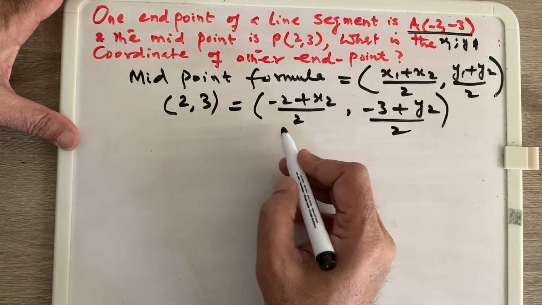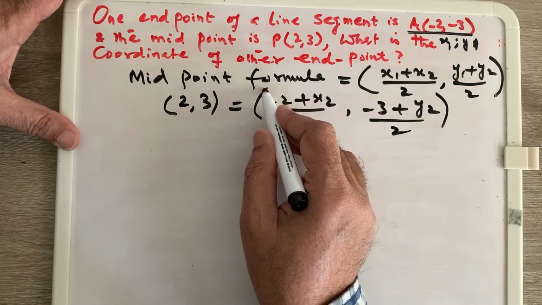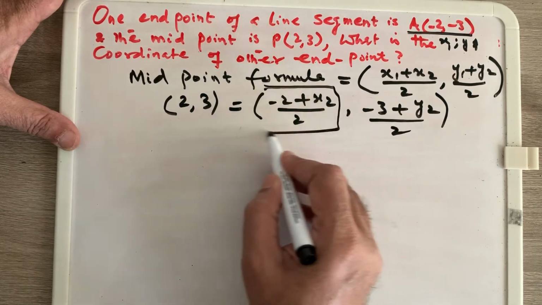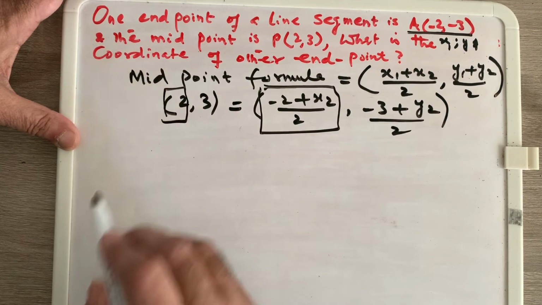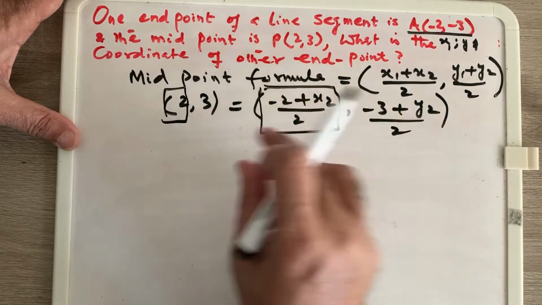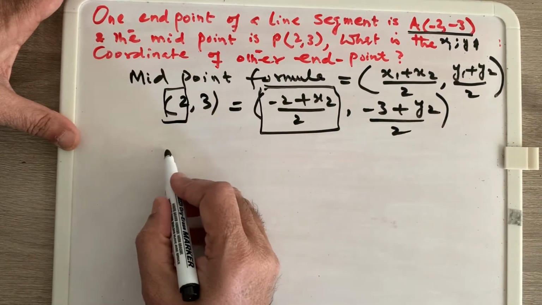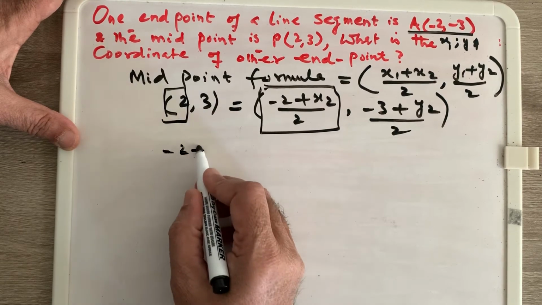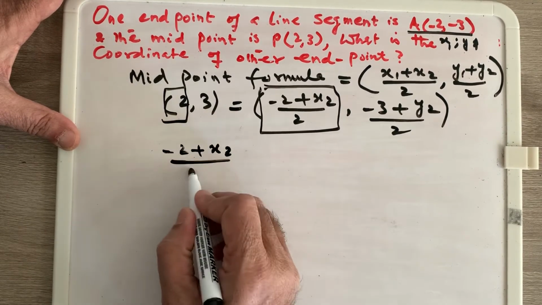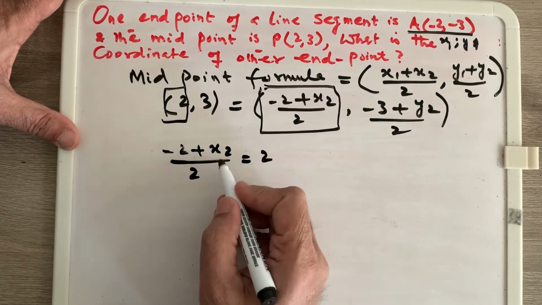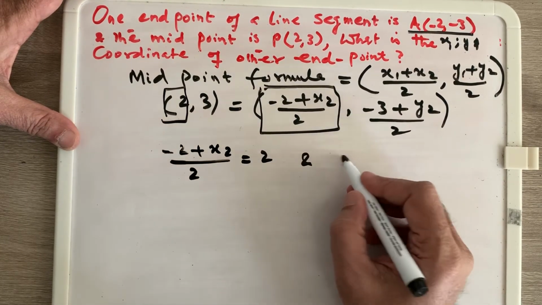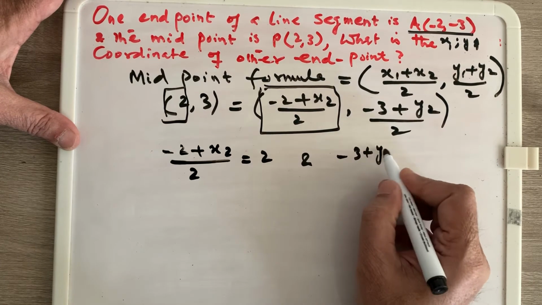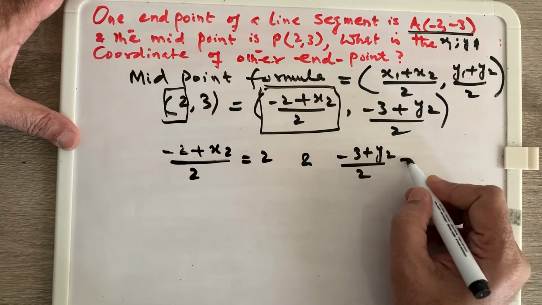So this is my x, and this must be equal to 2, right? This is the trick. And this is my y, and this must be equal to 3. So I will equate them separately: (-2 plus x2) divided by 2 is equal to 2 will give me the value of x2, and (-3 plus y2) divided by 2 must be equal to 3.